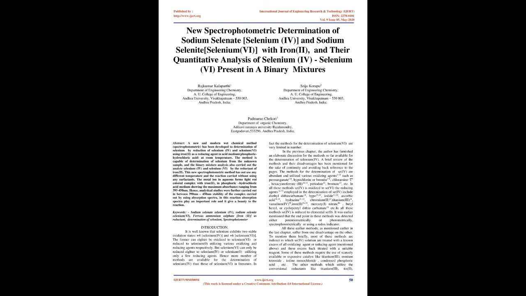But selenium(VI) can only be reduced either to selenium(IV) or selenium(0) utilizing only a few reducing agents. Hence more methods are available for the determination of selenium(IV) than for selenium(VI) in the literature. In fact, the methods for the determination of selenium(VI) are very limited in number.